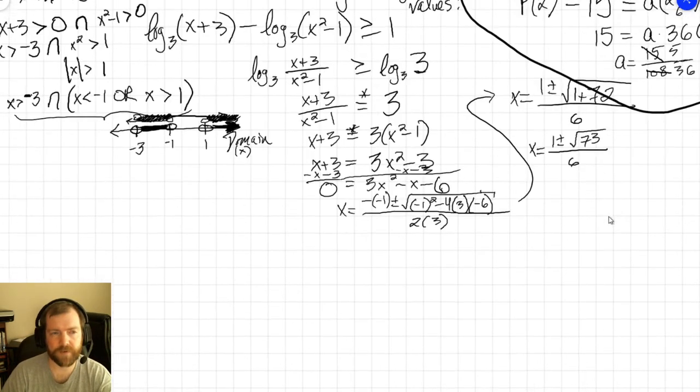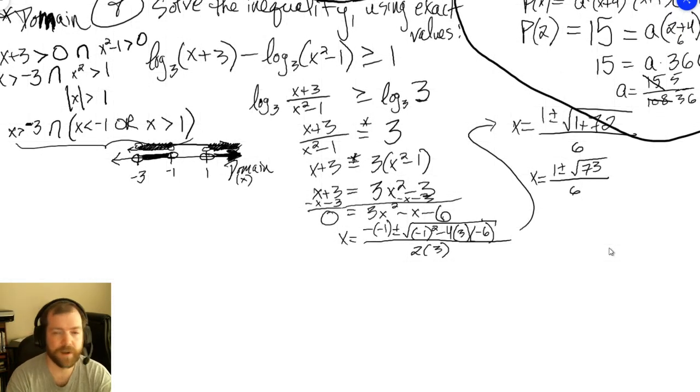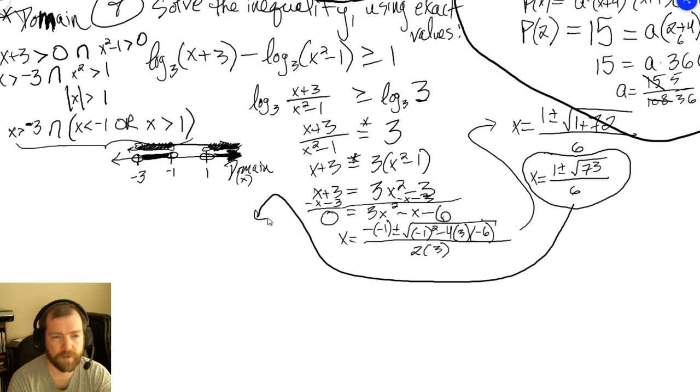So now we just have a series of individual points that we can check versus our domain. So negative 3, negative 1, 1.